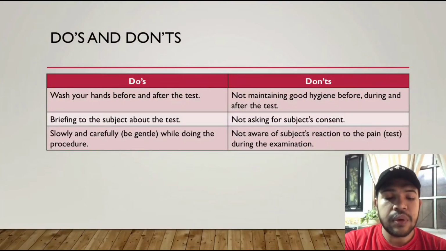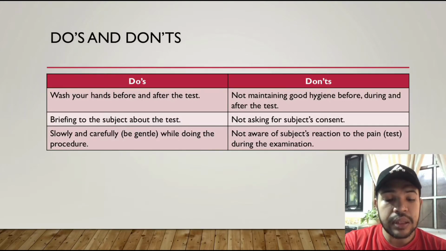Do's and don'ts while conducting the test. The first one for the do's is wash your hands before and after the test. The don't for this first one is not maintaining good hygiene before, during and after the test. The second do is briefing the subject about the procedure of the test.